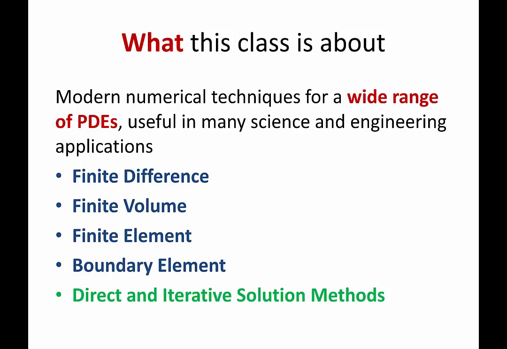They can, for example, into solutions of matrix equations, AX equal to B. And then we are also going to talk about direct and iterative solution methods for actually solving this kind of AX equal to B equations.